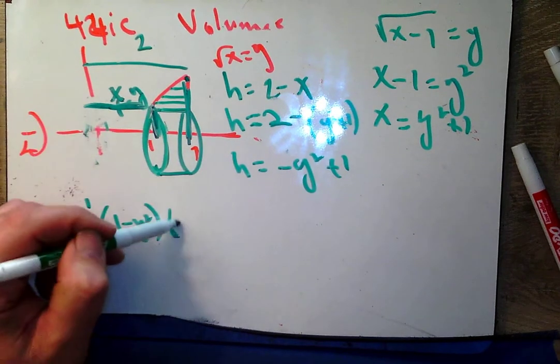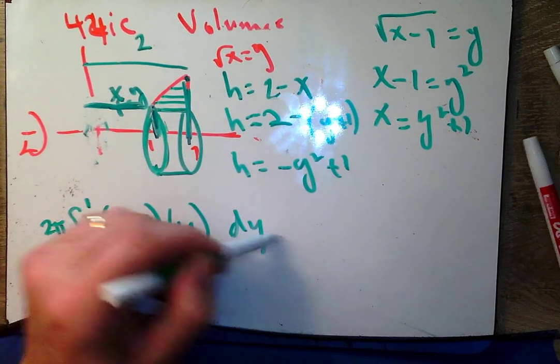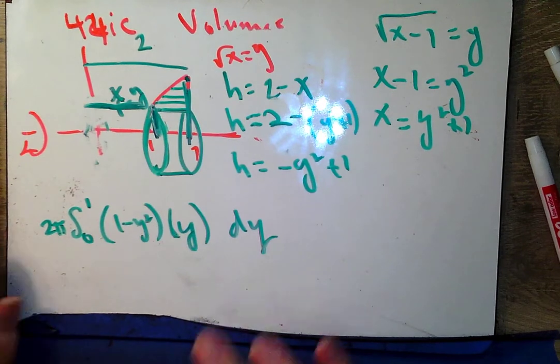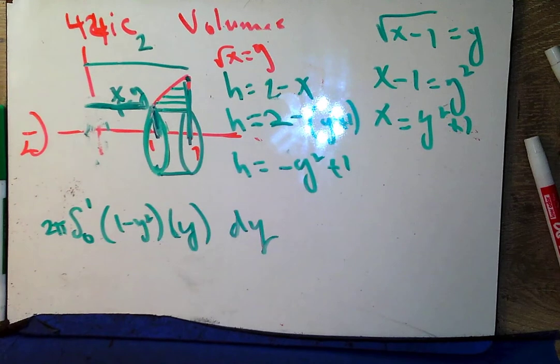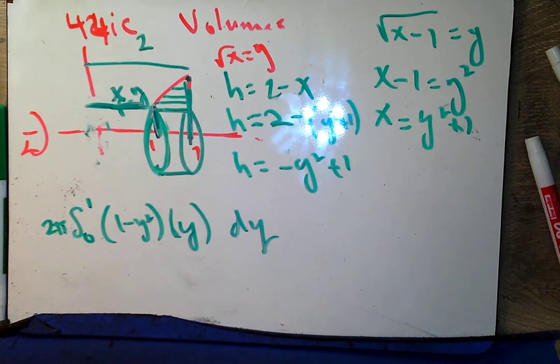Oh yeah, just the y value. Sorry, dy. And you can always check your thoughts by doing the other method and seeing if you get the same answer both times. That's what we're looking for here.